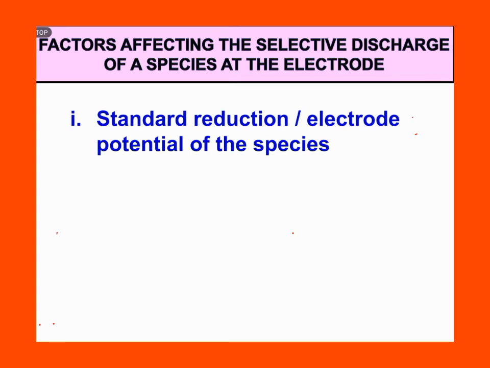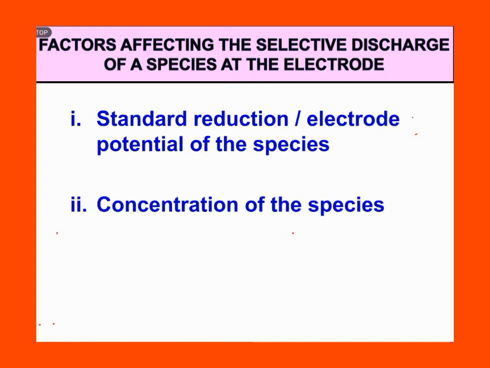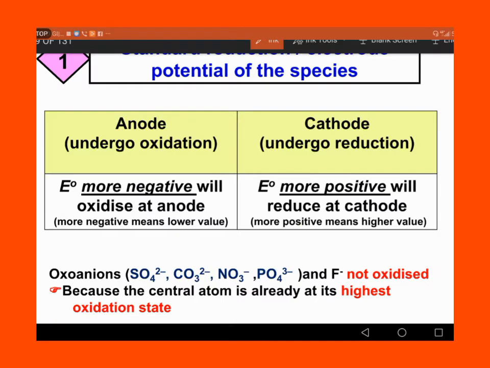The first factor is the standard reduction or electrode potential of the species. Second, the concentration of the species. And the third one is the nature of the electrodes. The first factor is about the standard reduction or electrode potential of the species.